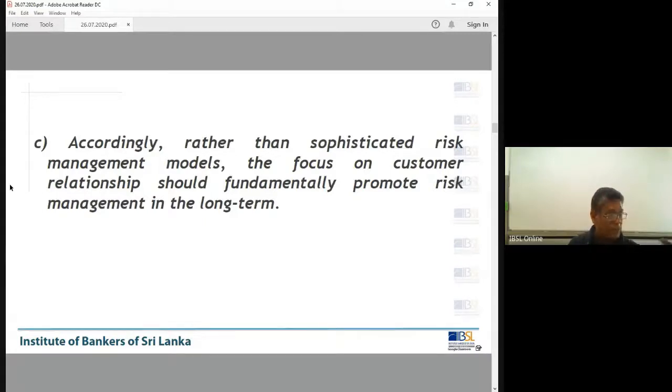Because when the customer and the bank have a better relationship, more risk factors can be eliminated. That is what that part is talking about. If you have a better customer relationship, you can eliminate risk, or you can build up a better risk management framework for your bank.